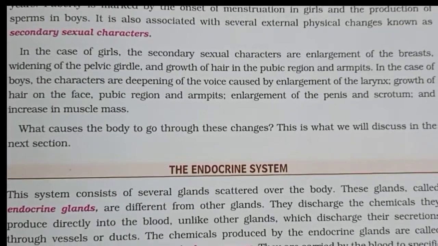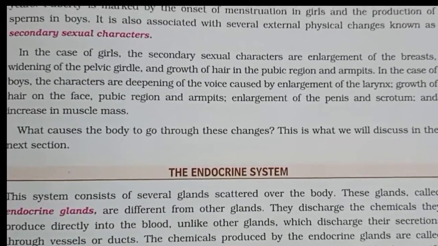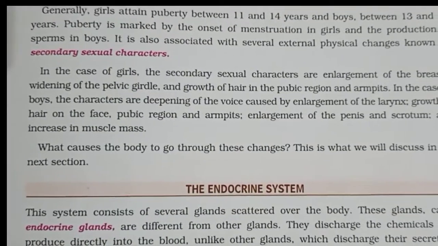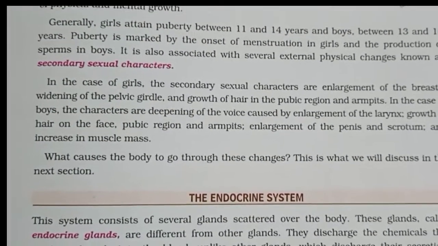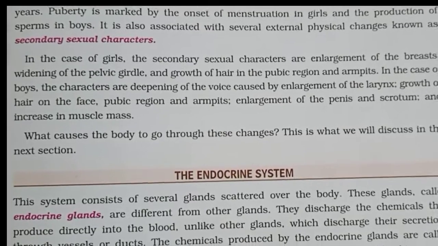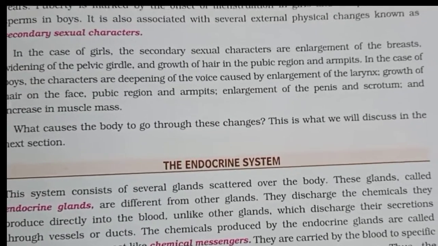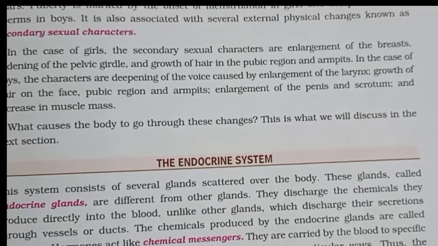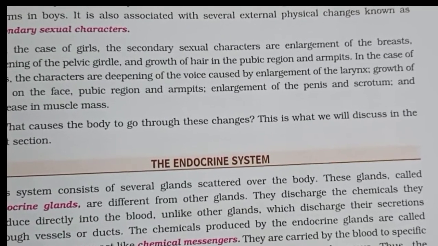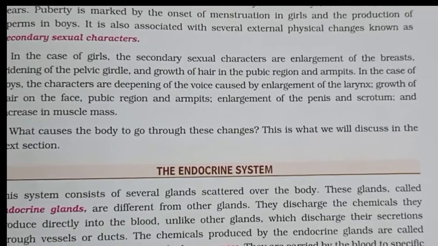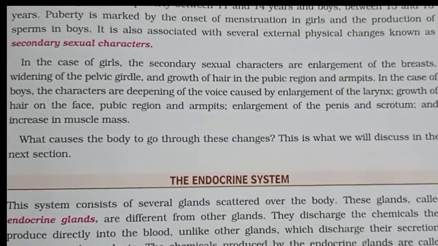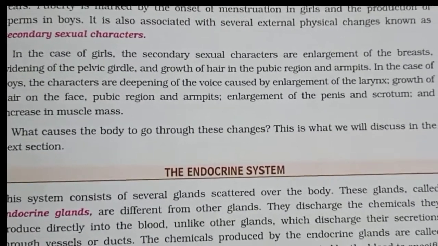Next we have what are the changes seen in boys when they attain puberty, or what are the secondary sexual characters that develop in boys. In a boy child, the changes are the growth of hair on the face, that we call the beard and the mustache.